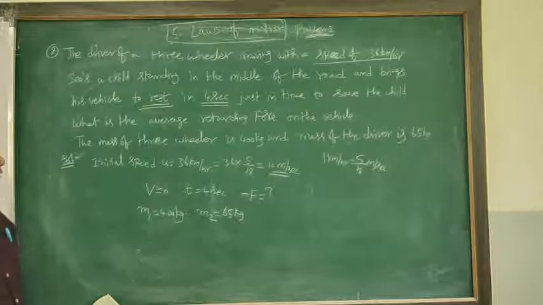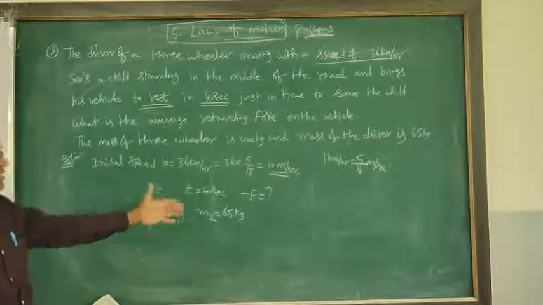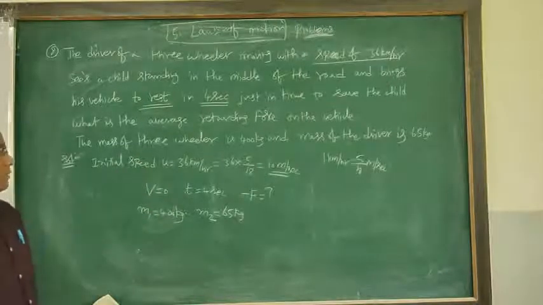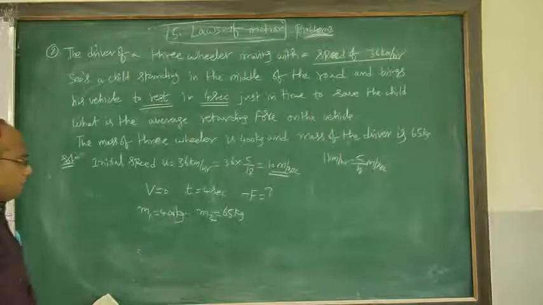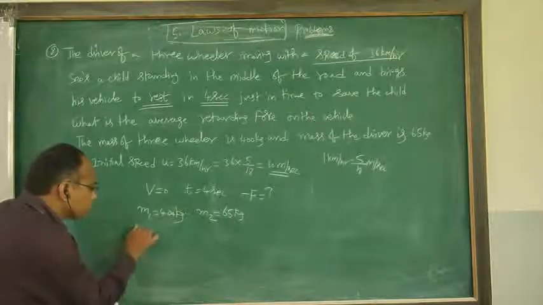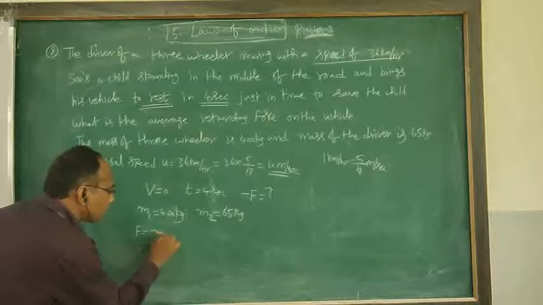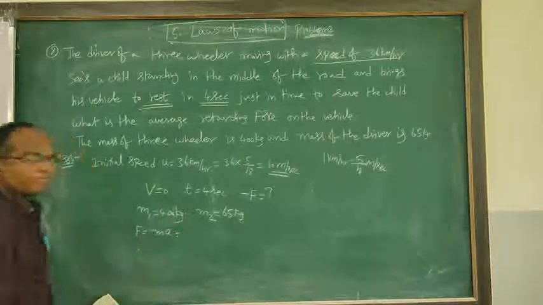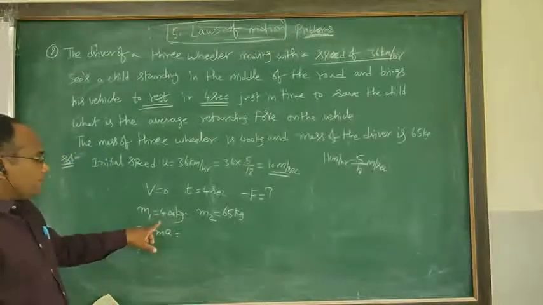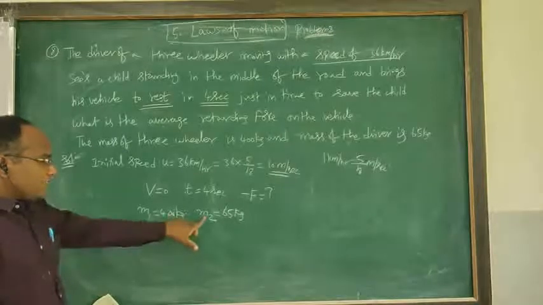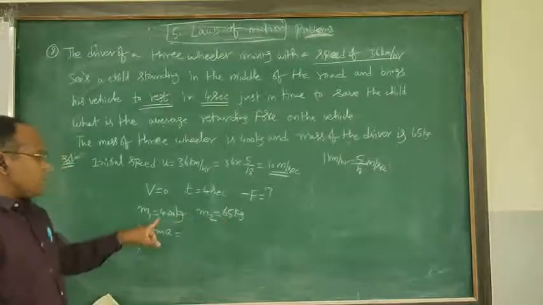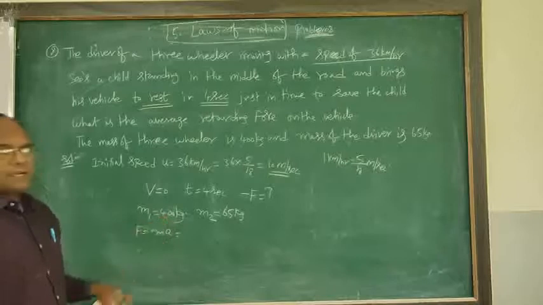Okay. Now here we should know the acceleration. Acceleration is also needed. So what is the formula we apply? The force F is equal to M into A. So the person is driving, his mass is 65 kg and the vehicle mass is 400 kg.